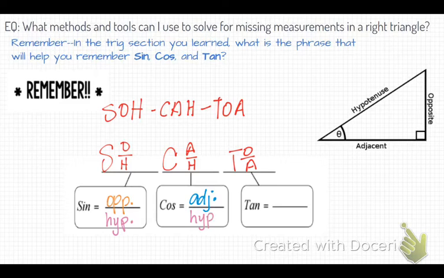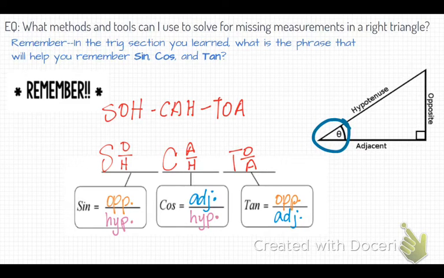And finally, tangent is opposite over adjacent. So opposite over adjacent. Is that something we remember? Vaguely, maybe. And to remind you, that is with respect to whatever angle is given.